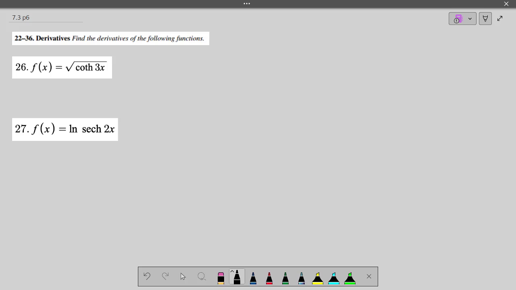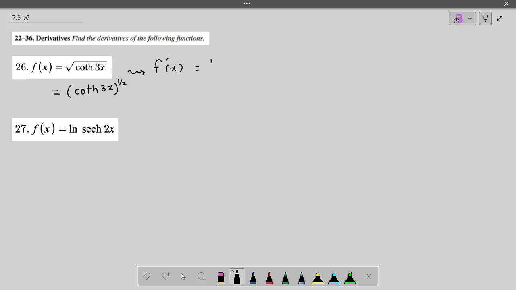So the derivative here for the first one, f prime of x. If it's helpful to you, if you're less likely to make some sort of arithmetic error, write that square root as a half power. Then we use the power rule. Power rule says bring down the exponent, leave the base alone, subtract 1.